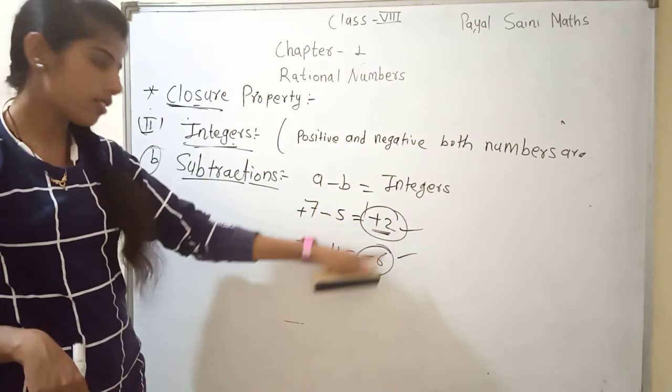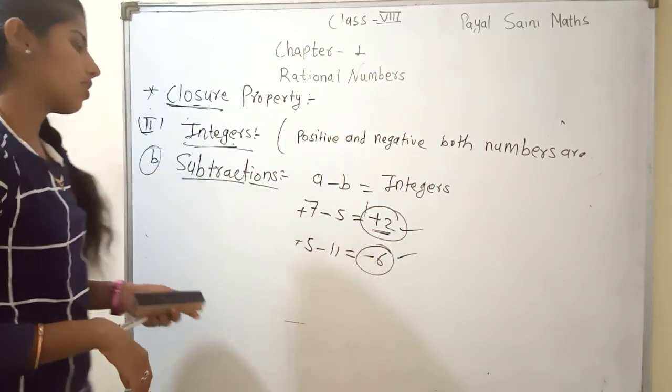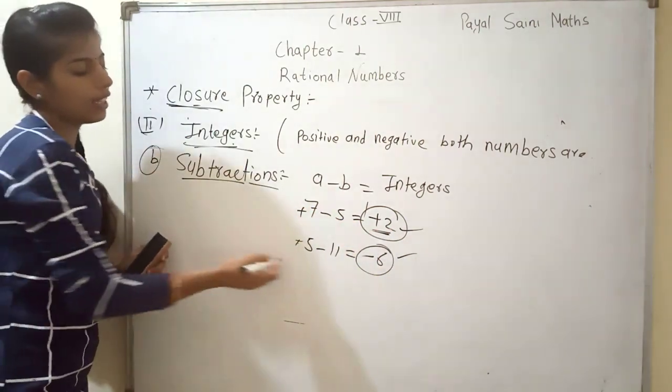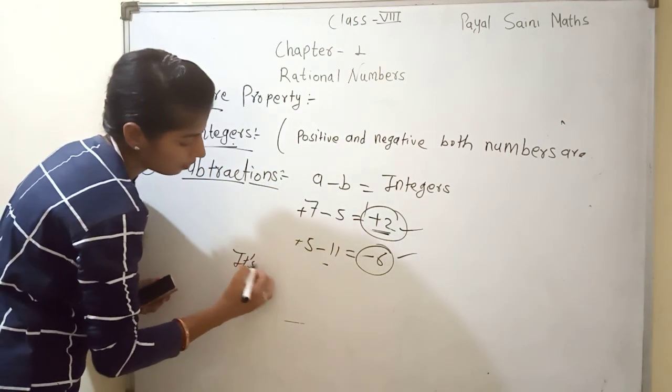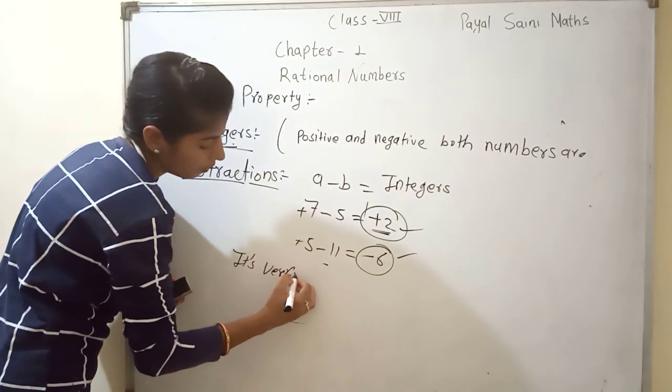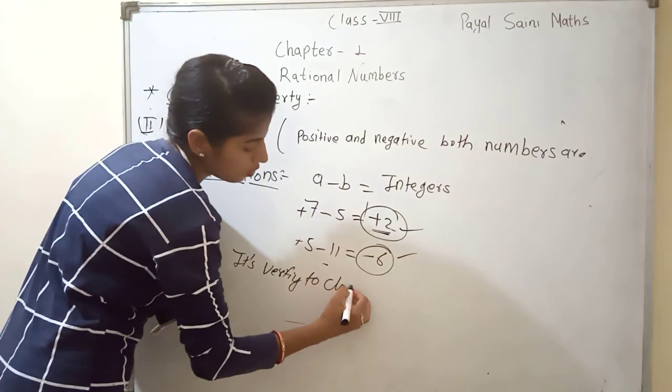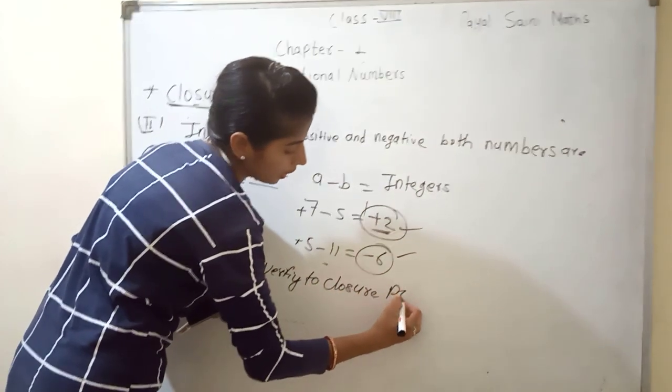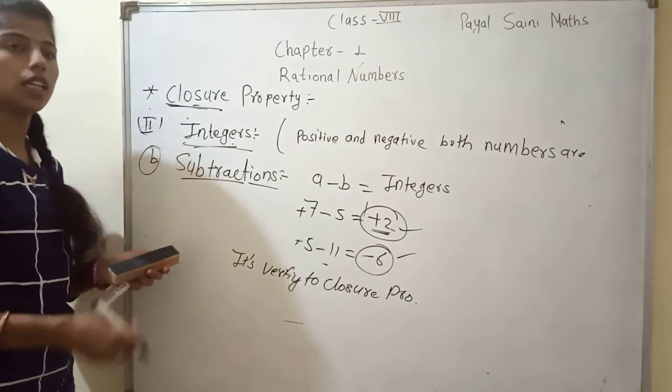Here is a positive integer and it's a negative integer. Now we can say here it's verified to closure property.